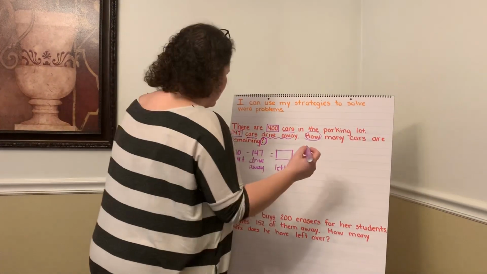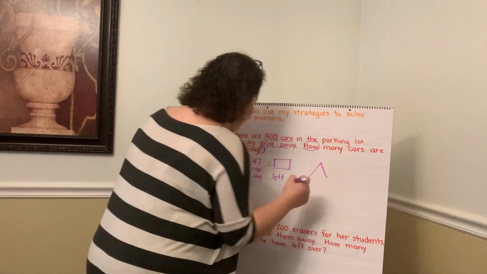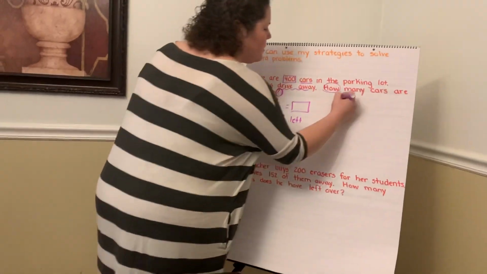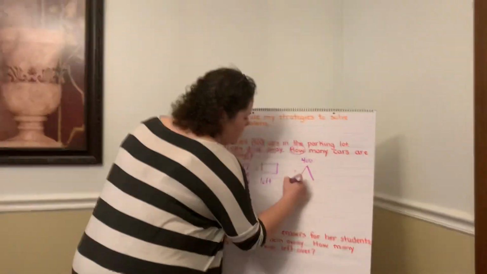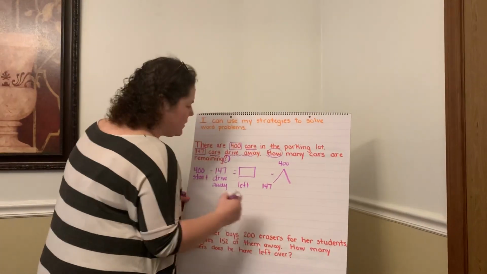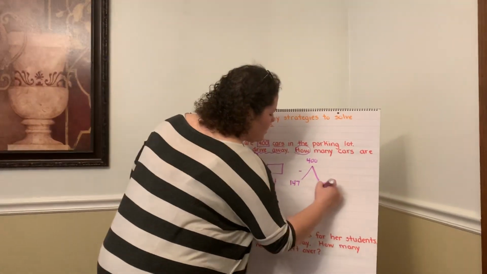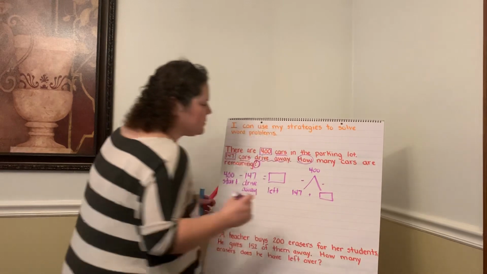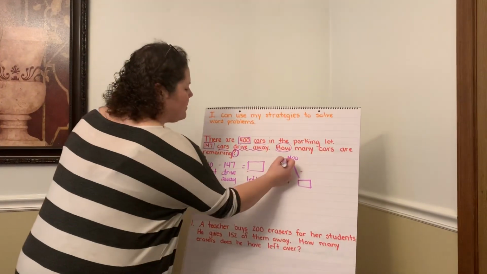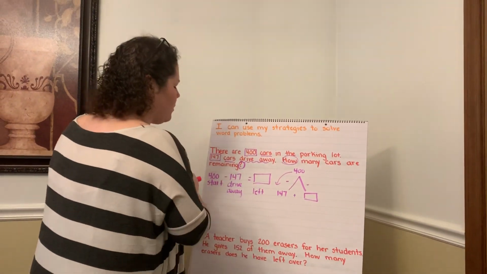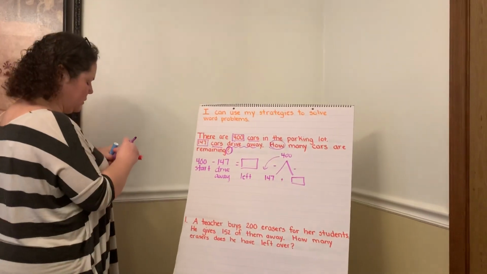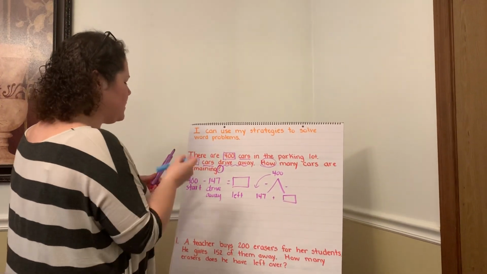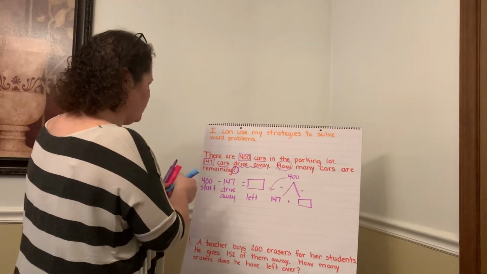So I'm going to make my math mountain here because I love that math mountain. I started with 400 at the top. I took away 147, and that gives me how many are left. So I'm going to go this way down my math mountain, and I'm going to do 400 minus 147, just like I did here in my equation, but I want to take that horizontal equation and write it vertically.